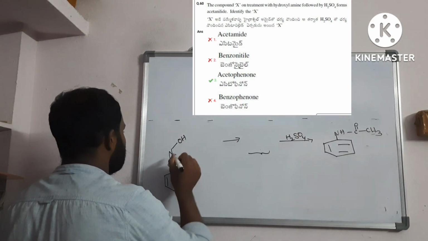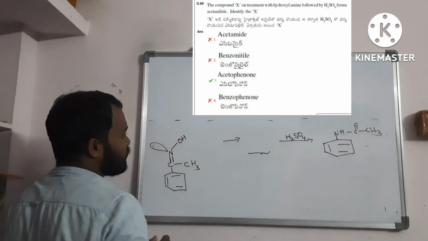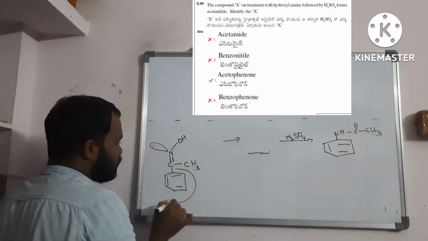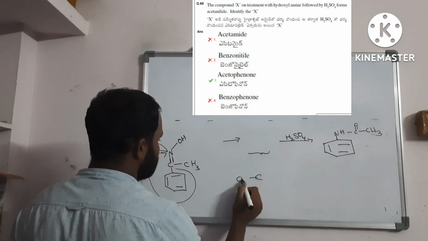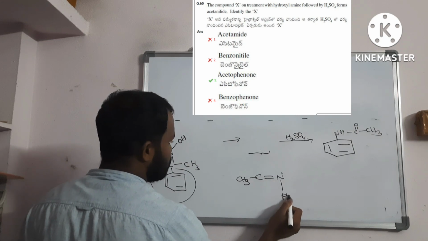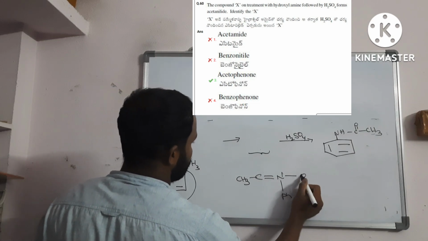Upon H2SO4, what happens is there exists a lone pair. It is a Beckmann rearrangement. This moves here. You will get C CH3 double bond N, this is Ph and this is NOH, right?